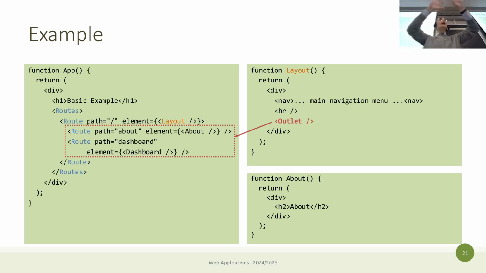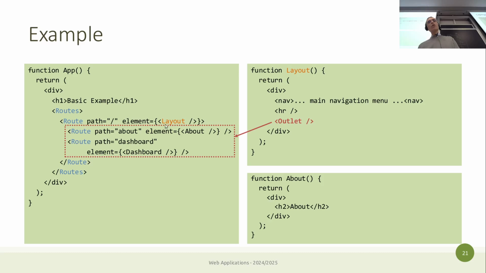So it gives you the layout of the page, like the left menu, the top bar, and so on, okay? And inside that layout, you want to render something different in the main part depending on the rest of the URL. Okay, so here the basic URL is slash, and the rest of the URL is what you would like to render inside, about or dashboard or whatever.